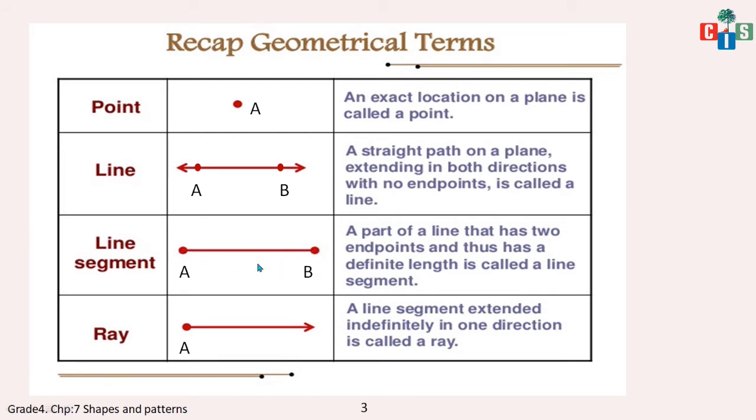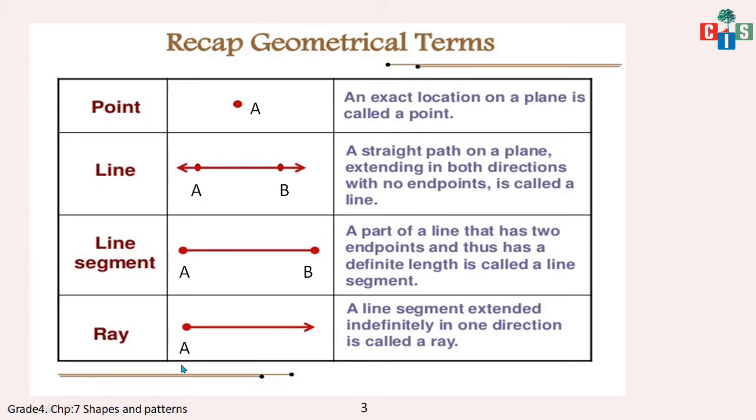This is known as line segment AB. Then what is a line? A line is a straight path on a plane extending in both directions with no endpoints. No endpoints means it will go on the right hand side and on the left hand side. So a line cannot be measured because it has arrows at the ends. It is known as line AB.